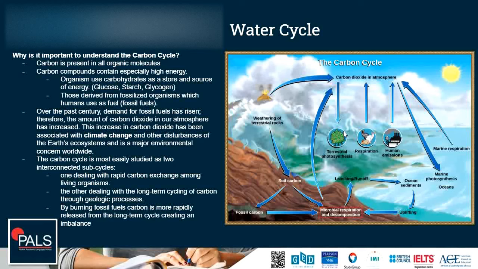And then we have the other subcycle, which is the long-term cycling of carbon through geological processes. That is the formation of fossil fuels, for example, taking hundreds of millions of years and being stored for millions of years.